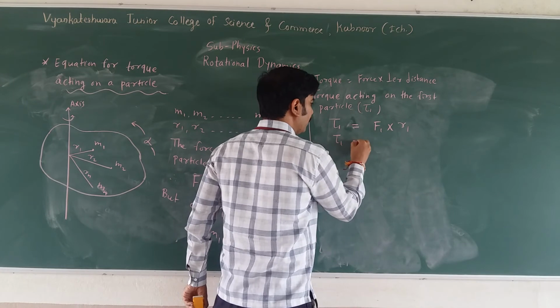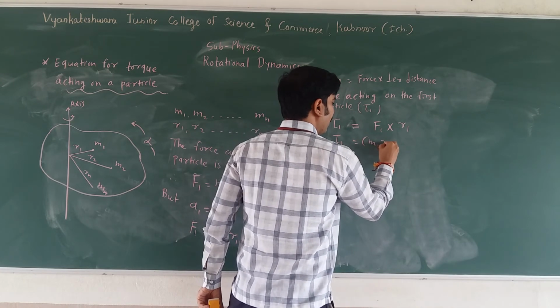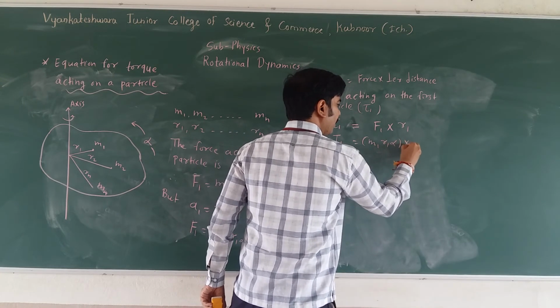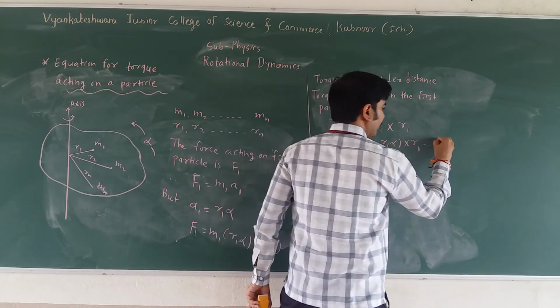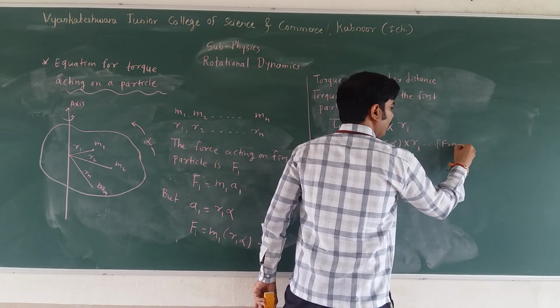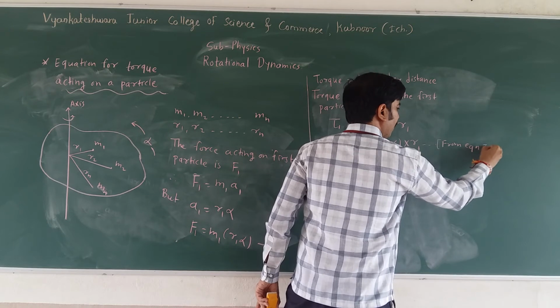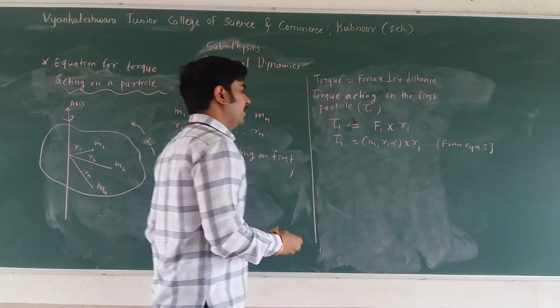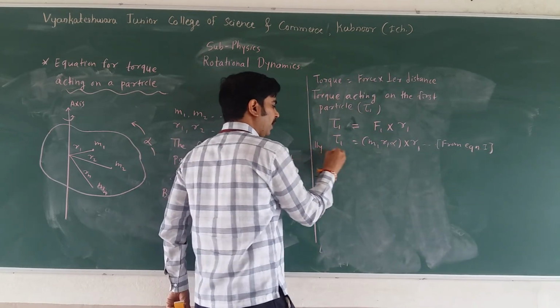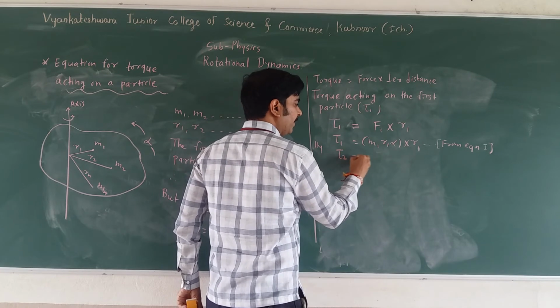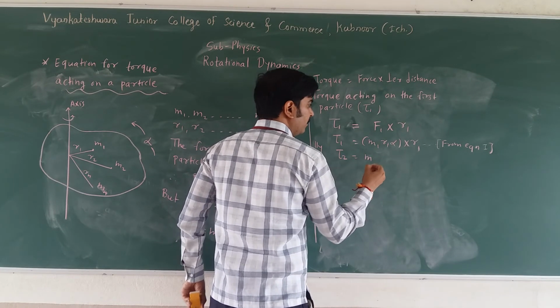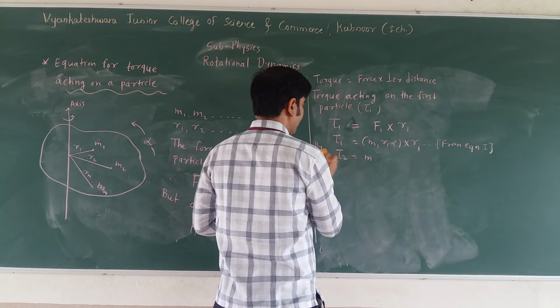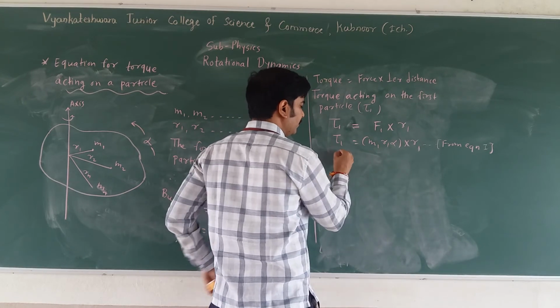So torque 1 is M1 R1 alpha into R1. Here we can do the multiplication first.